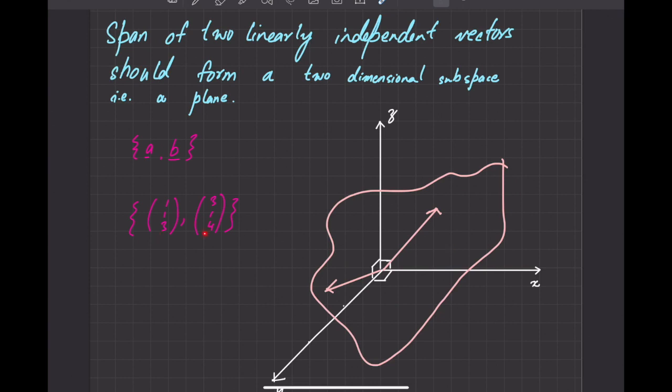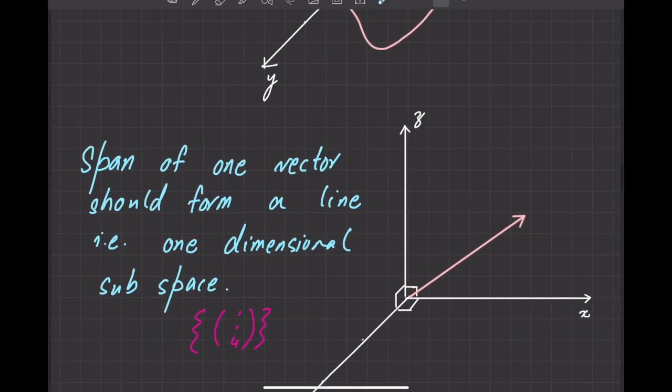So if I have two linearly independent vectors in the bases, that means the dimension is 2, and a two-dimensional subspace in a three-dimensional vector space should represent a plane. Whereas if I have only one vector in a three-dimensional vector space, that represents a one-dimensional subspace, and hence it should be a line.